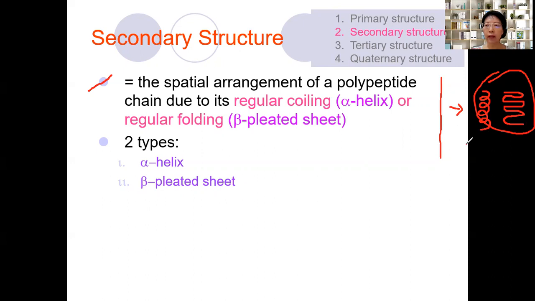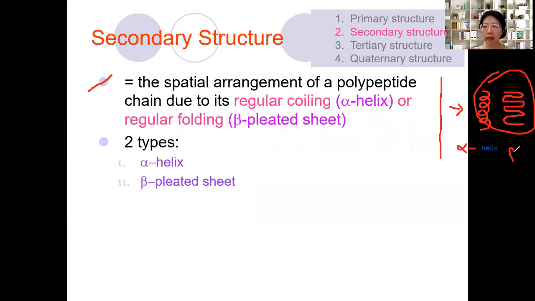Now, the coil or spring-like structure is named as alpha helix. And the regular folding structure is called the beta-pleated sheet.